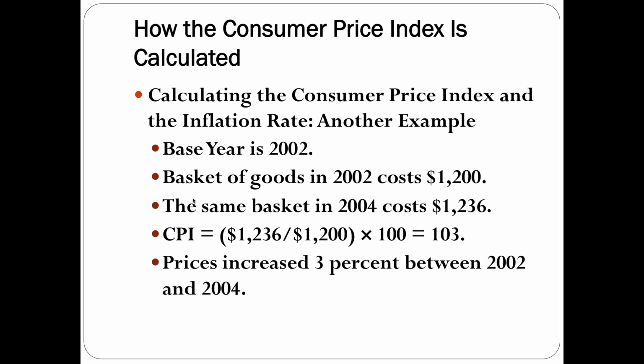So you can tell that prices increased 3% between 2002 and 2004. The easy way to figure that out is, remember, the base year is going to be classified as 100. So if you go from 100 to 103, you have a 3% growth in prices.